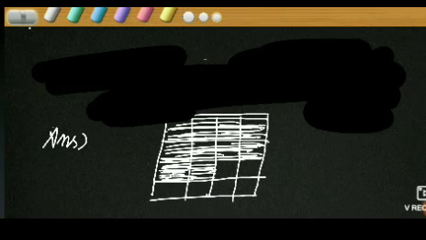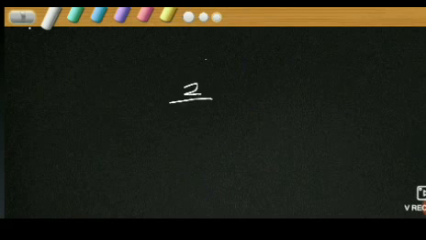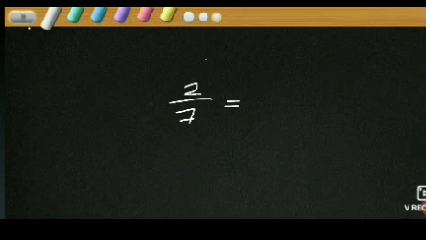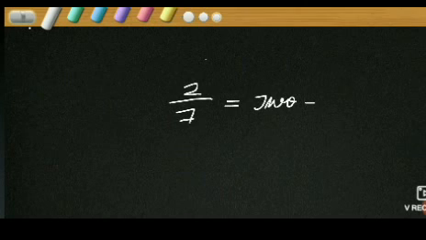In our previous class we have learned how to write a fraction in words. Do you remember how it can be done? For writing a fraction in words, what do we have to do? First write the numerator in words, then a hyphen, then the denominator, but not the number exactly.